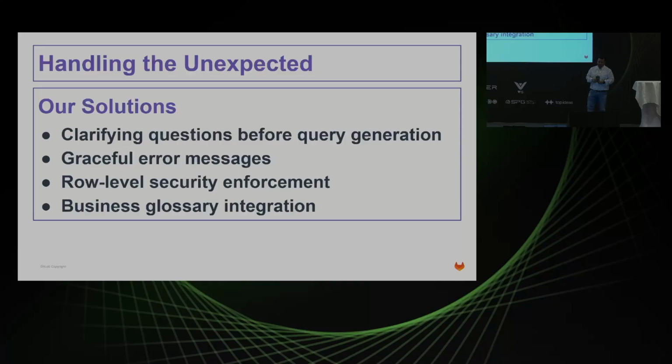And the way we handled it: clarifying questions before query generation, so we were asking the questions back. Graceful error messages, like if you don't have access to these data sets, get admin approval to change your role.